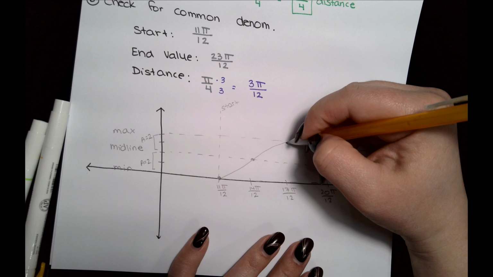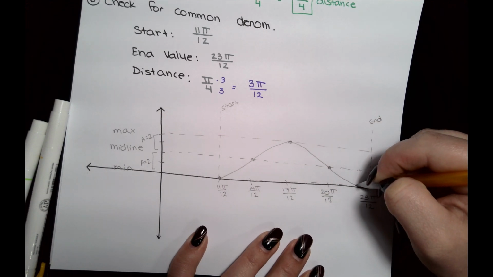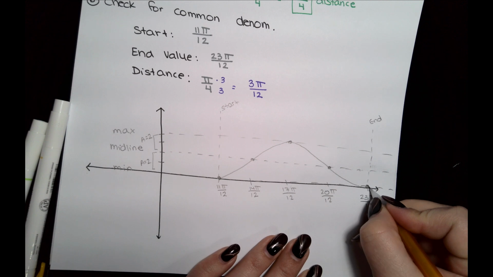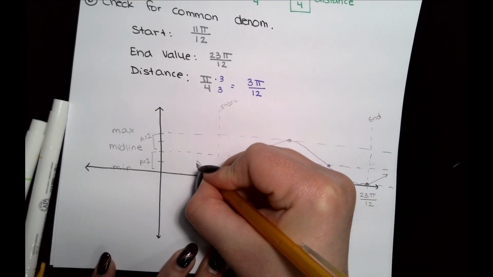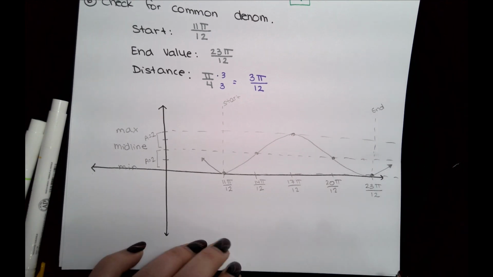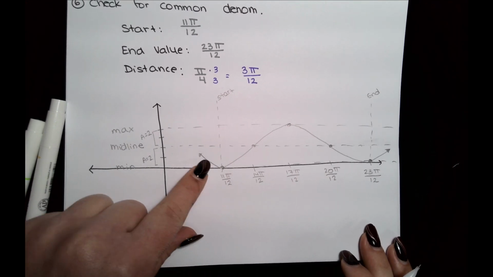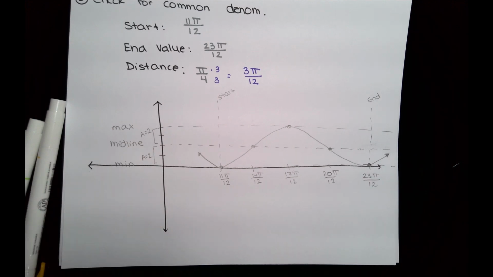Now again, these are not asymptotes, but you cannot go above your minimum or maximum values. But you can continue, and you must continue past your start and end, because these are just markers. So anything past your start will continue another cycle, anything past your end will continue another cycle.